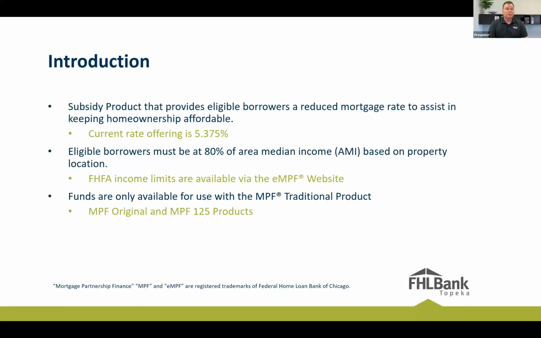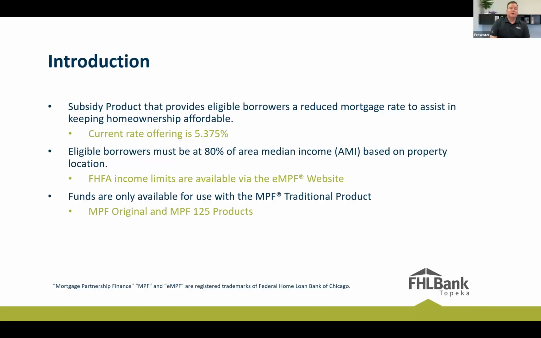We do utilize the finance agency, or the FHFA's income limits. Those are available on the eMPF website. There is an option under resources if you've logged into the website, and geographic income information, and it will allow you to simply put in the property address, and it will identify for you that 80% of the AMI that you need to qualify for.